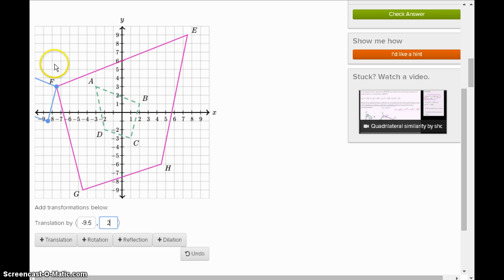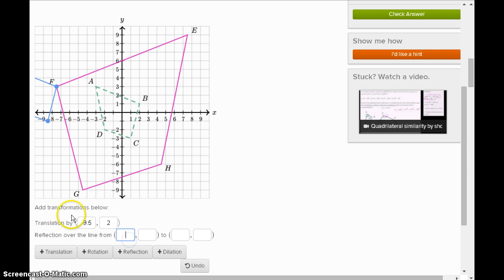Okay, so now I'll try to reflect it over this line, and let's just get it looking like it's in the right general direction. Let's just see what happens. So we're going to do a reflection over this line, and I could pick a point here at negative 7.5 and negative 4.